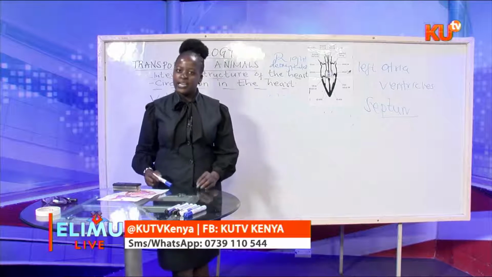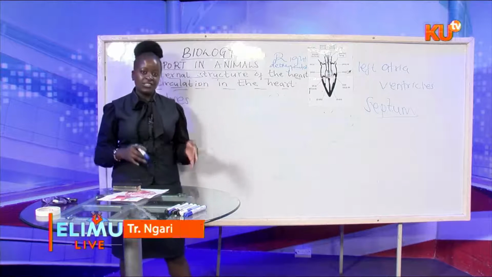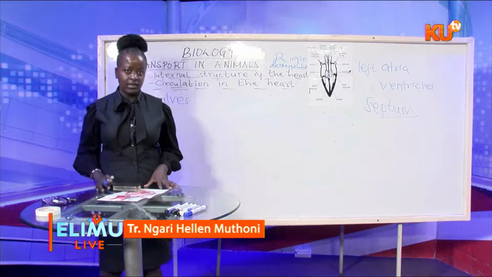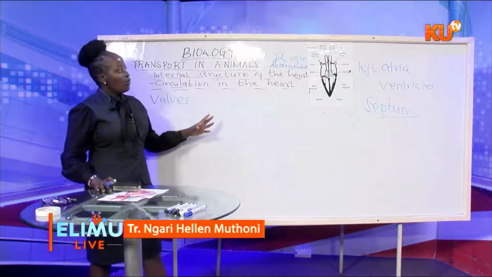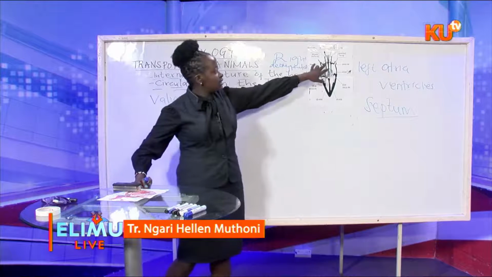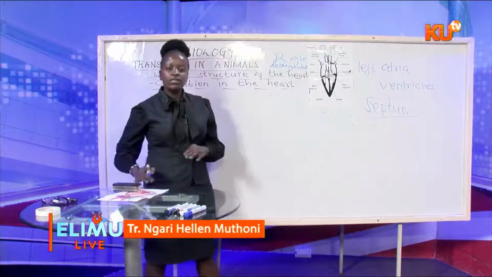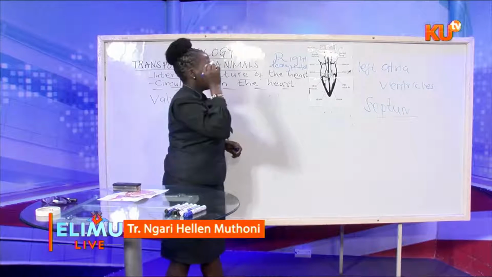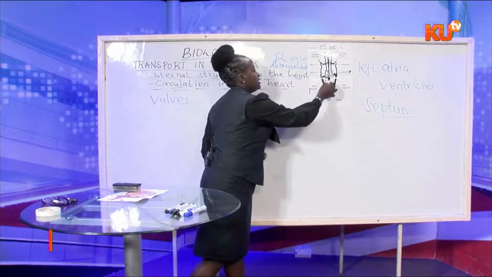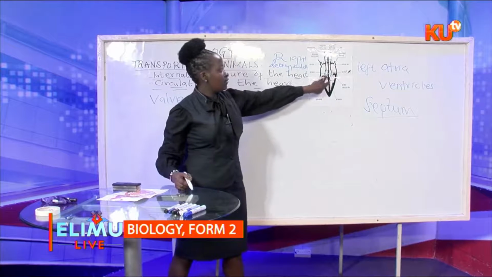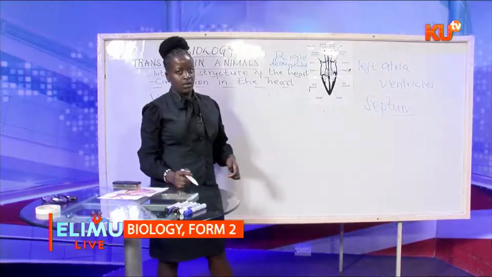I repeat, a valve is a structure that prevents the backflow of blood. So we usually have two sets on these vessels, and we usually have other valves that are found between the auricles or the atriums and the ventricles. So these are valves, these are also valves.